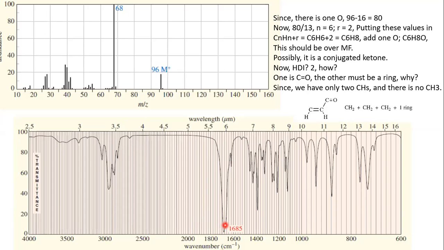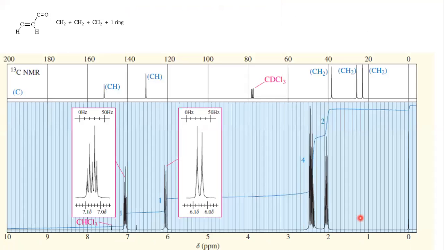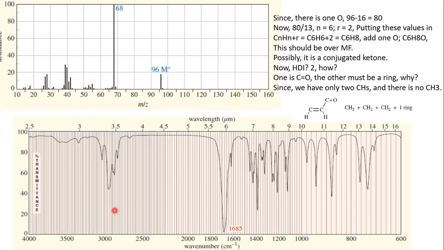The quick test whether this is an aldehyde or not, we should go to the next spectrum, that is the proton NMR. In proton NMR, you can see we don't have an aldehydic proton, so it is not an aldehyde either.